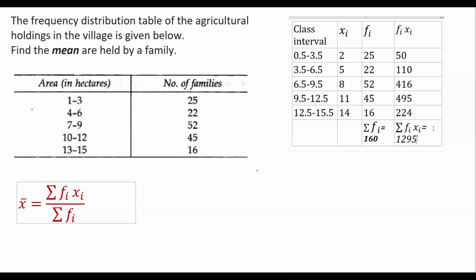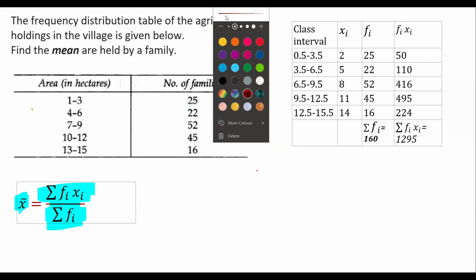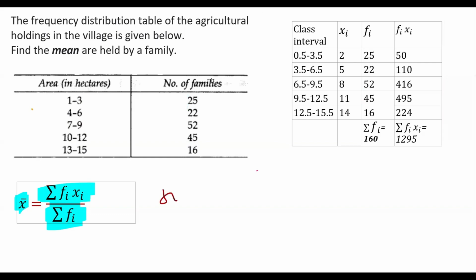The next step is to apply the formula. The mean, x bar, is sigma fi xi divided by sigma fi. So x bar is 1295 divided by 160. I can reduce it first.